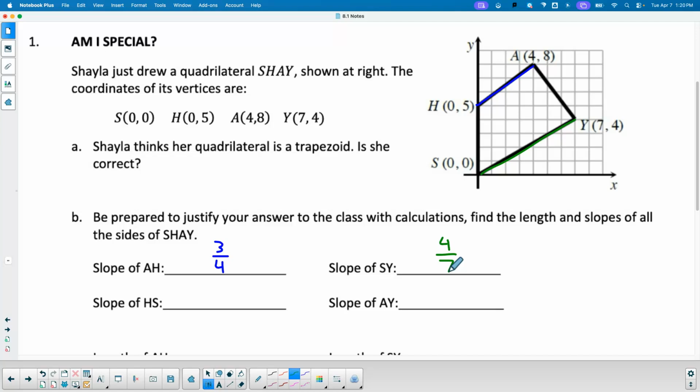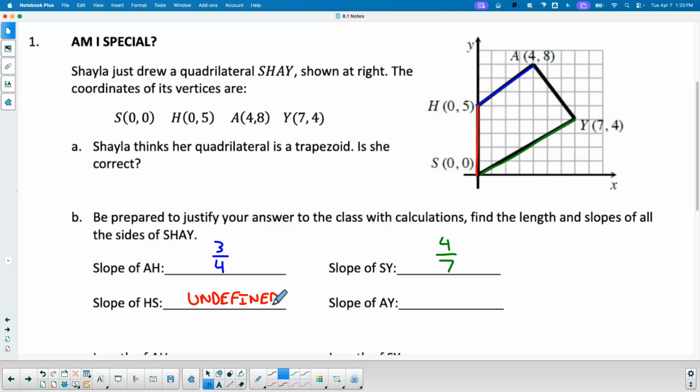So we've got to try the other side. Now we can observe pretty much that the other side is not going to be parallel. Doesn't even appear to be parallel. HS is this one right here, this red side. That slope, we've got to think back to first semester, is undefined.